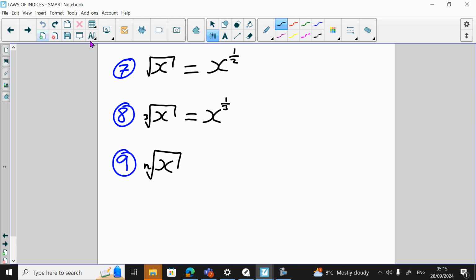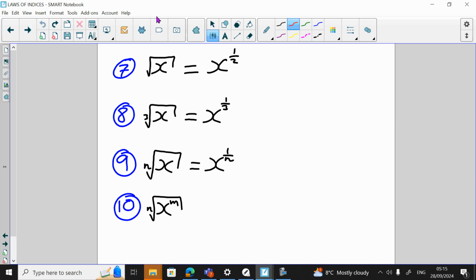The nth root of x, are you getting a pattern here? What do you think? x to 1 over n.